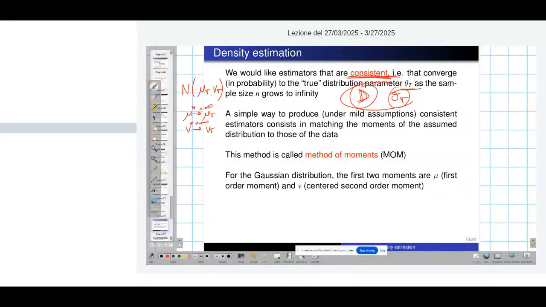That is something that we ask because we would at least recover the correct solution if the assumption of the models were true. The assumptions are never true, but that's another history.